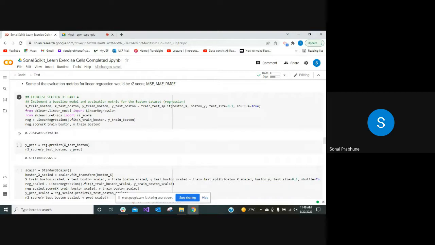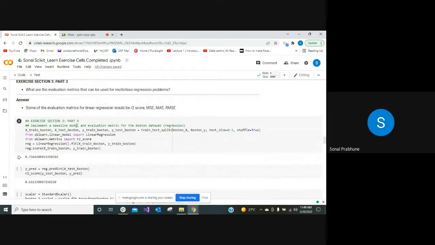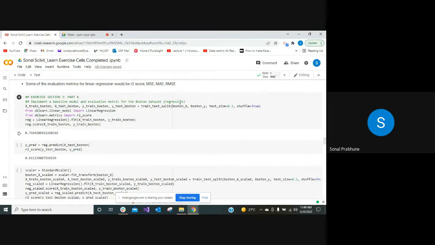The next section was to implement a baseline model and do an evaluation on the Boston data set. That was pretty simple because we had a similar implementation, and we just had to do it for the Boston data set.